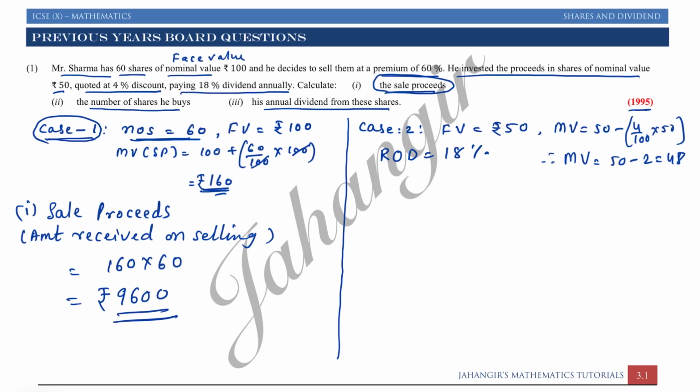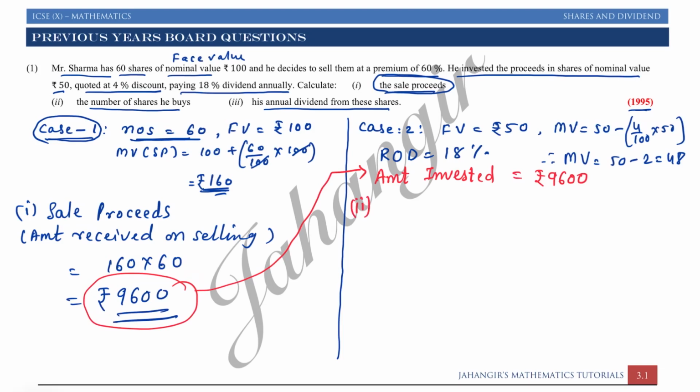Now 9,600 becomes the amount invested in the second case. Whatever amount he is getting after selling, that is invested in the second company. Amount invested is rupees 9,600. So therefore in the second part we want the number of shares he bought.